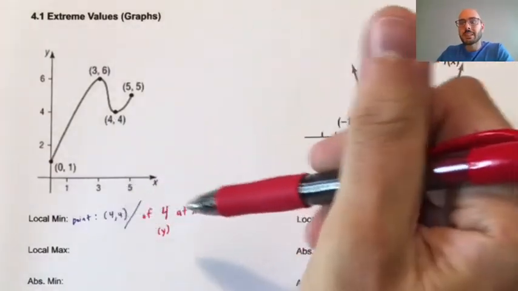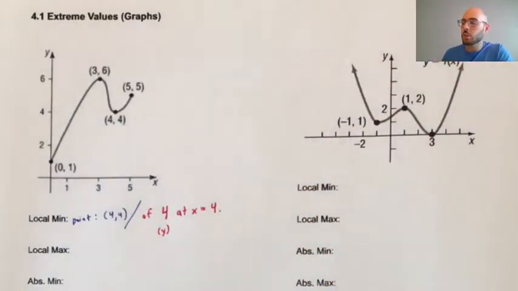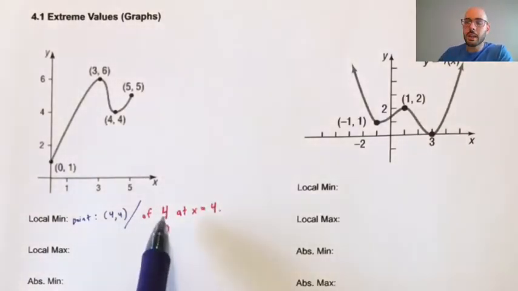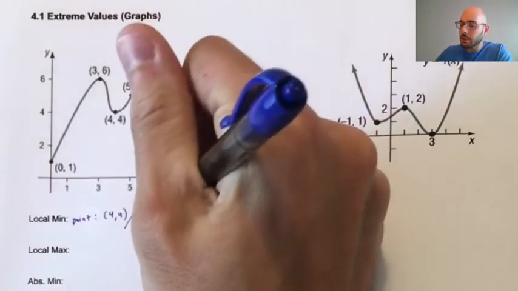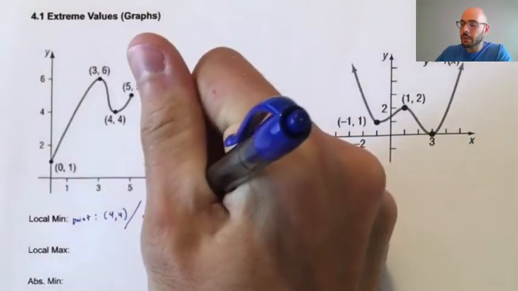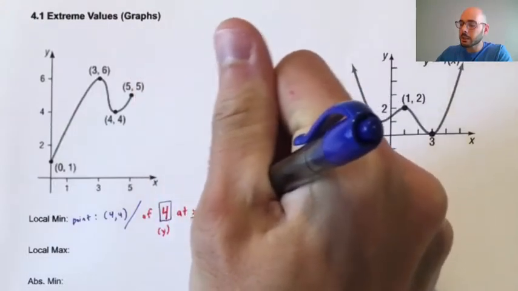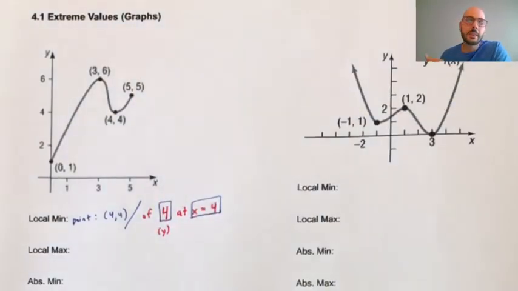So 2 different ways to answer. You want to pay attention to the way that the homework asks you to do it. Often, if it wants you to answer in this second way, you might ask, how do I know? A lot of times it'll have the words already written for you, and you just have to fill in these boxes like that. So we'll get some more practice doing that as we go through these examples.